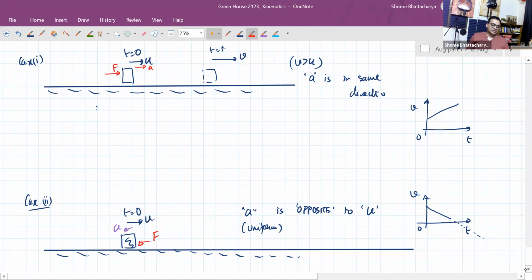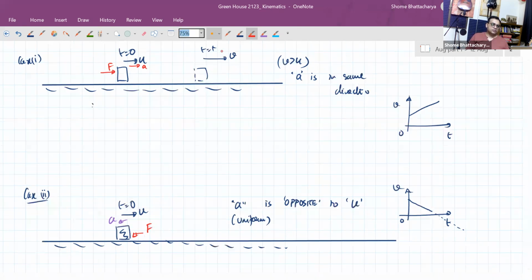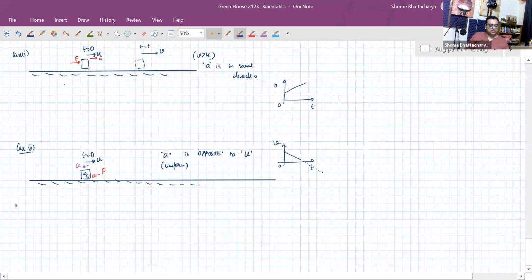Okay, so now we will discuss the graph for the second case. So this is our case 2, where we'll take U as a positive quantity and A as a negative quantity because they are opposite in direction.